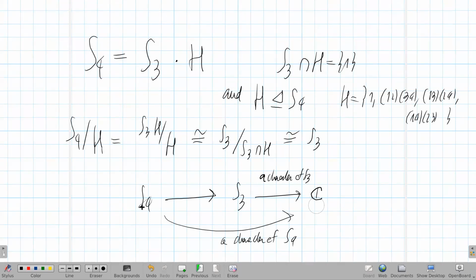So let's do it like this. Suppose that this is sigma, a character of S3.